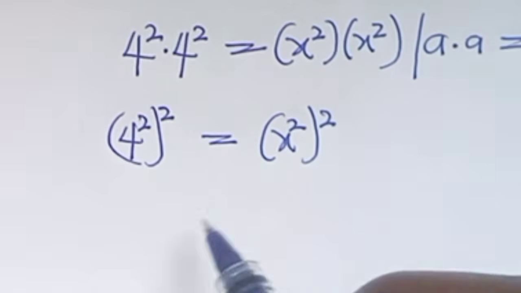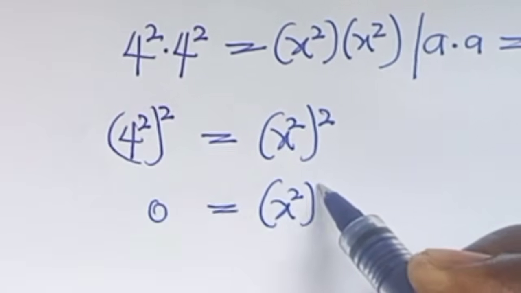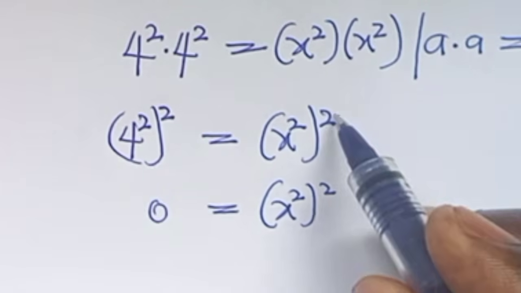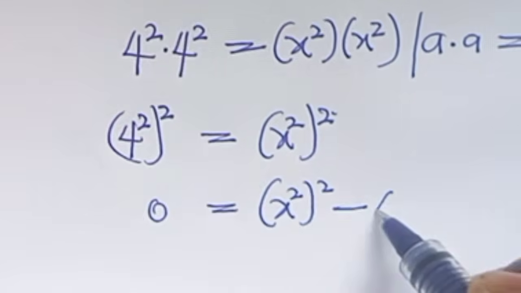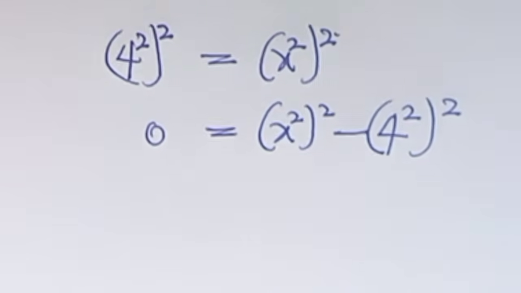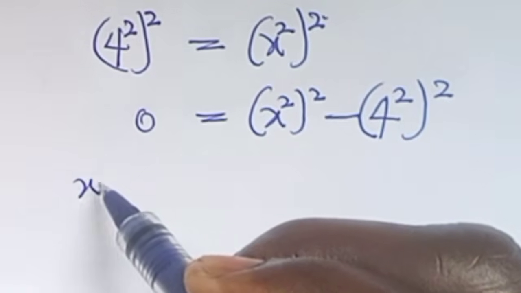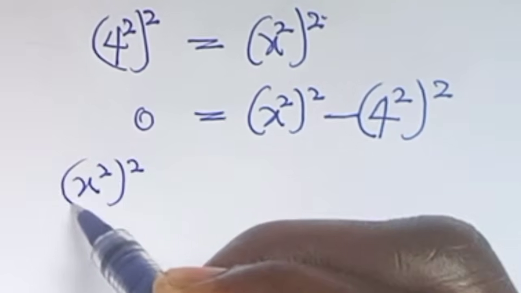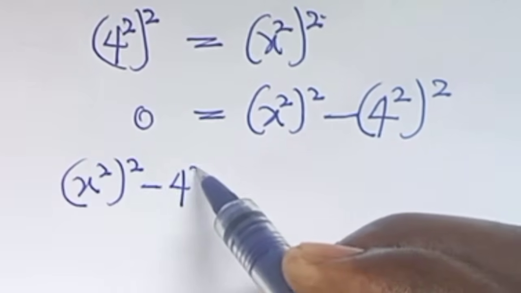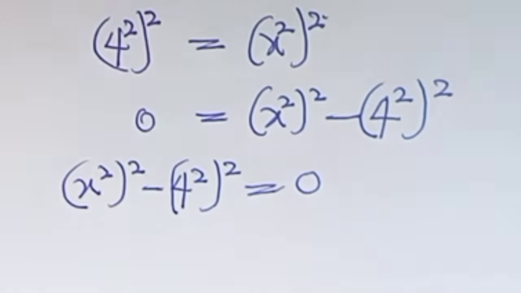So here, we can write 0 equals x to the power of 2 to the power of 2. We're going to transfer this to the right hand side, becomes negative 4 to the power of 2 also to the power of 2. So if we flip this, we have x to the power of 2 to the power of 2 minus 4 to the power of 2 also to the power of 2, close the bracket, equals 0.